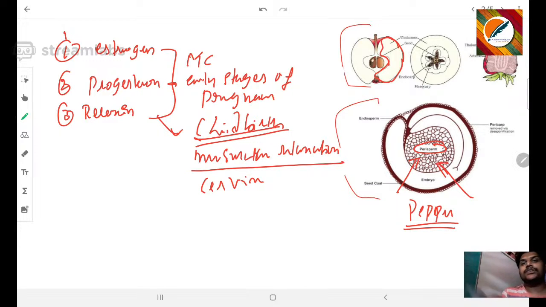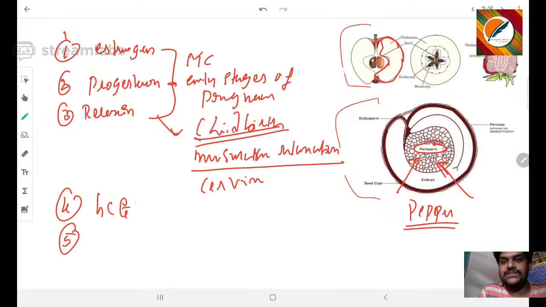Now there are two other very important hormones that are released. One is HCG. What is HCG?